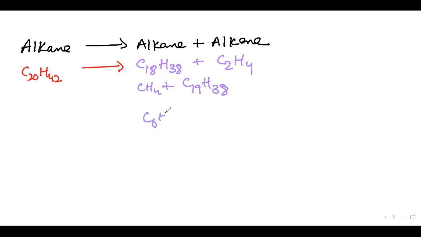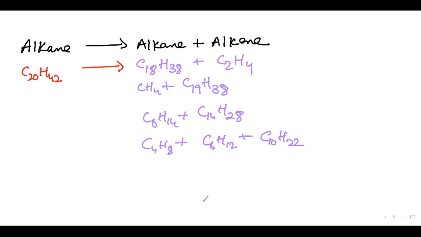The other possibility is C6H14 plus C14H28. I'm sure this is clear. You've already done this in O levels. This should be clear. Another possibility: you got C4H8 plus C6H12 plus C10H22.